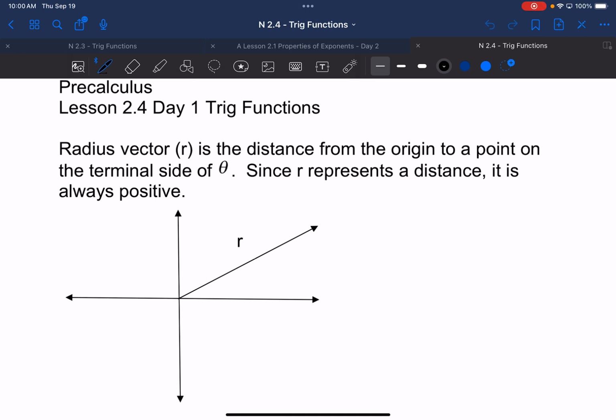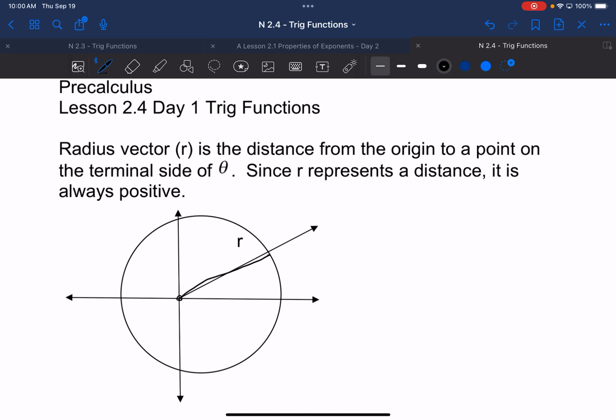It says here that the radius vector r. Well, radius, remember, is just the distance from the center of the circle to the edge, right? So if you were to have a circle on this coordinate plane like this, okay, my radius, oops, that's not very centered, that's okay, is from the center to the edge, right?